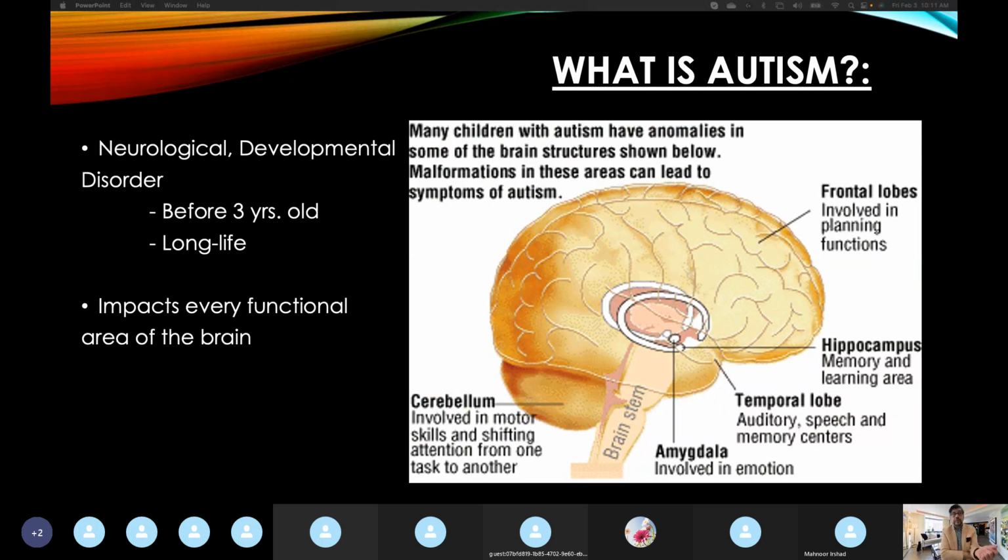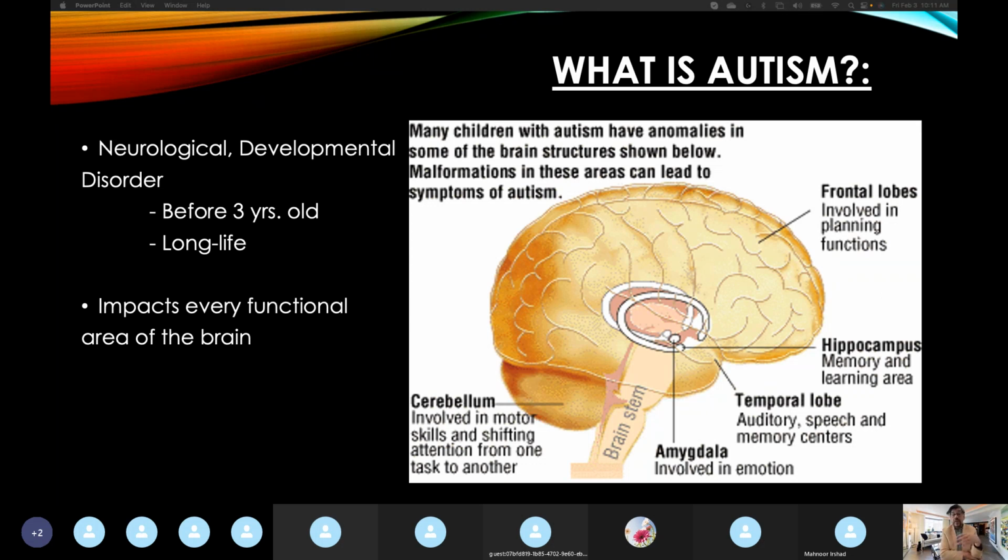It's basically called a neurological developmental disorder, and it affects a number of parts of the brain, including frontal lobes, hippocampus, temporal lobes, amygdala, cerebellum, and this whole process involving so many parts of the brain compromises lots of things as well.